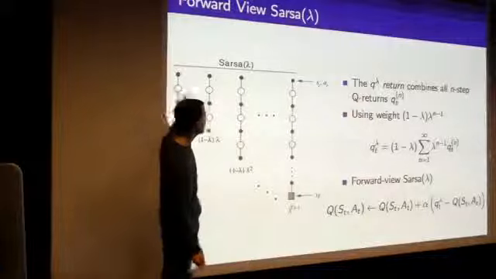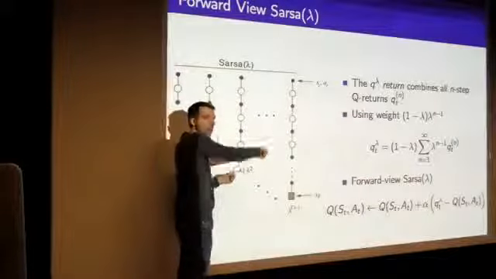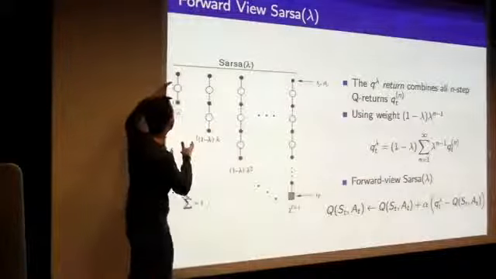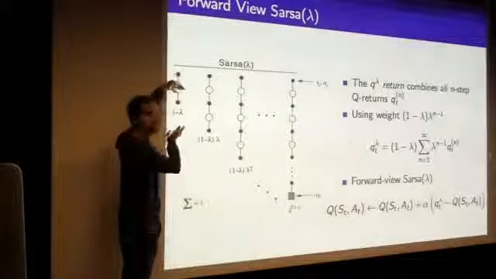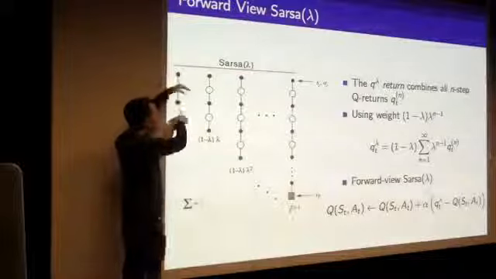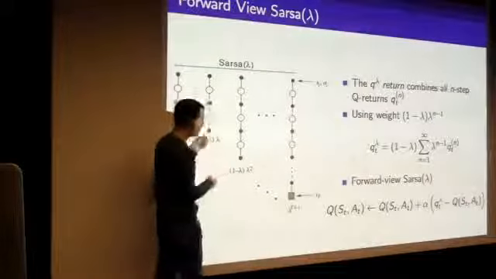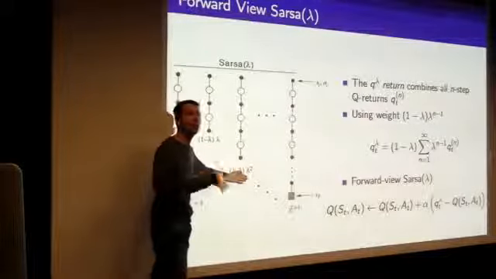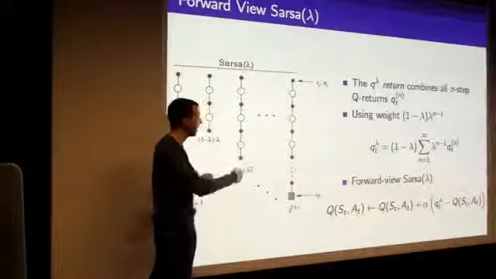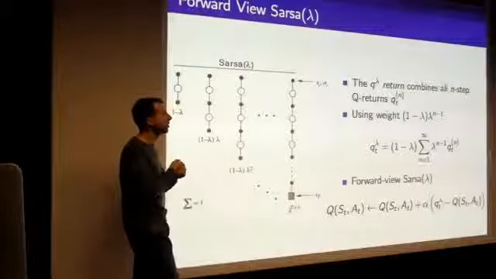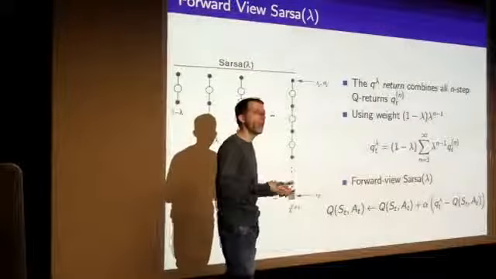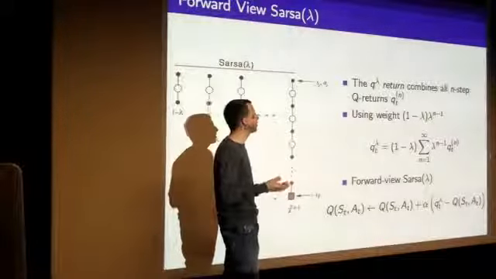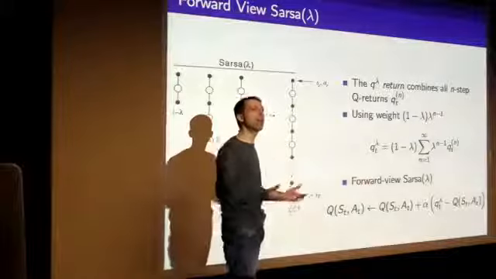So we get this weighted sum of all of our n-step returns, where we take more account of the trajectories which are of the shorter n, and then we progressively discount by another factor of lambda as we increase n. So the main idea is to now make this average return. We had these n-step returns, and now we're going to average over all n.